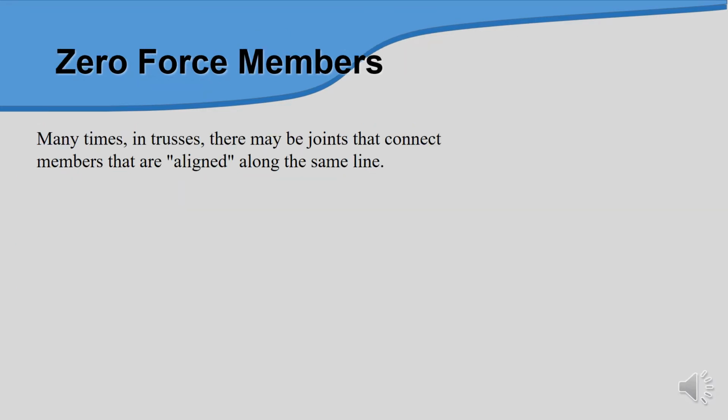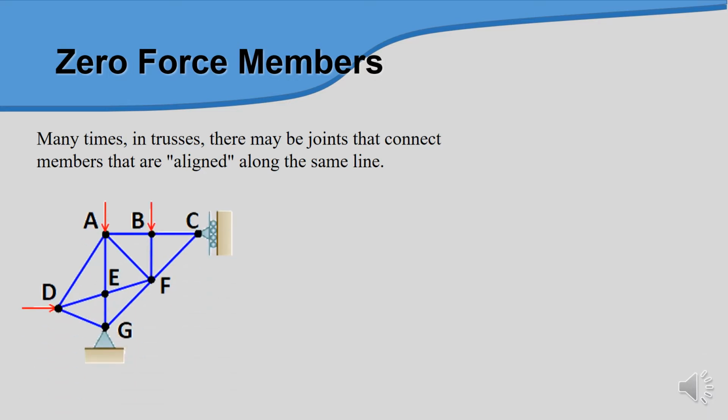So let's see, in this condition we have zero force members. Many times in trusses there may be joints that connect members that are aligned along the same line. So let's consider this diagram.